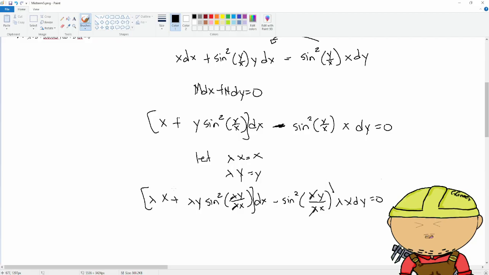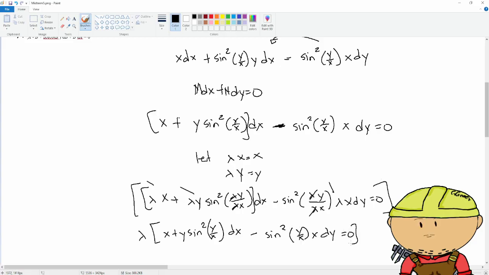Notice that we have lambda on each term, so that becomes lambda times x plus y sine square y over x dx minus sine square y over x dy. We can now say that the equation is homogeneous of degree 1.